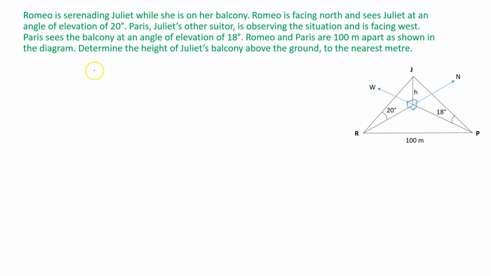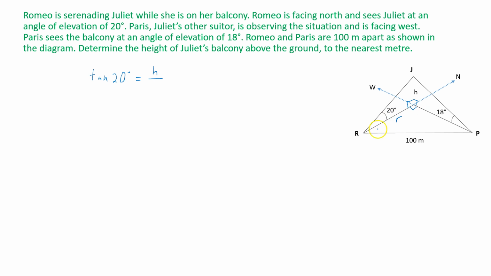So what we're going to write is a tangent ratio for the left triangle. So tan of 20 is going to equal the height divided by the side length. So the side length, I'm going to assign r to it.